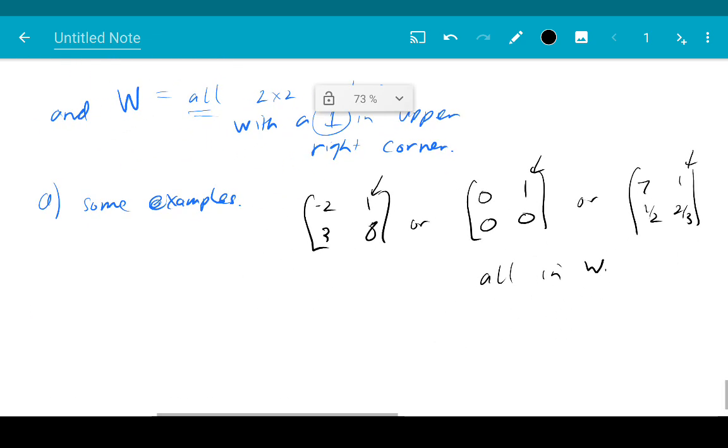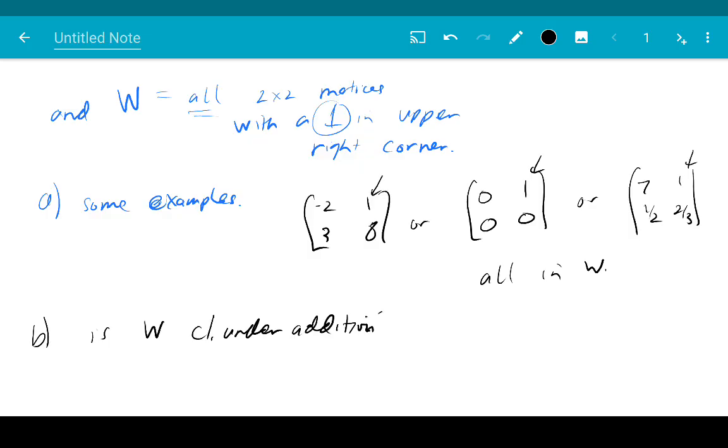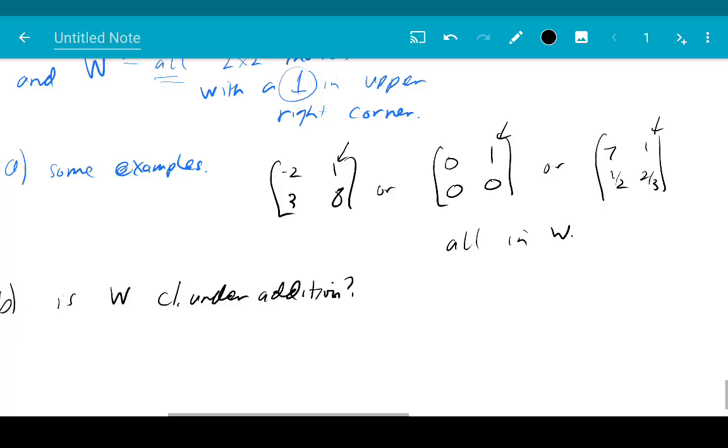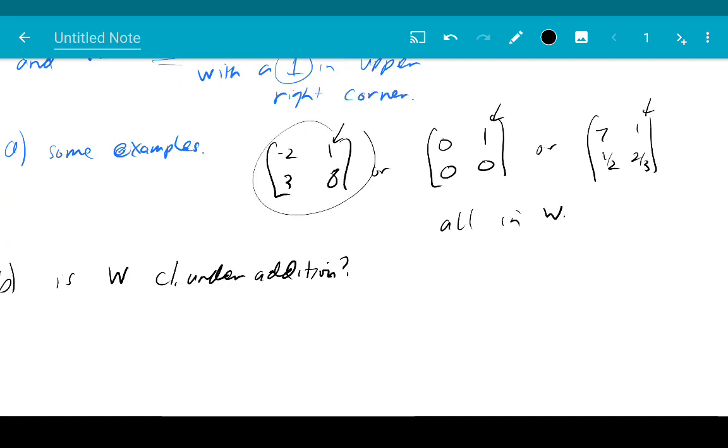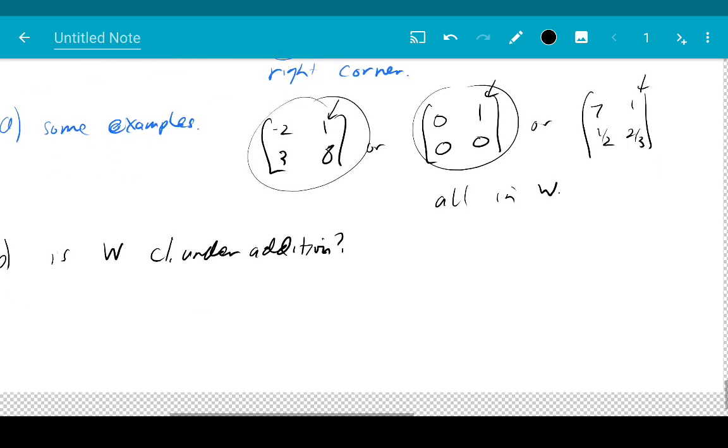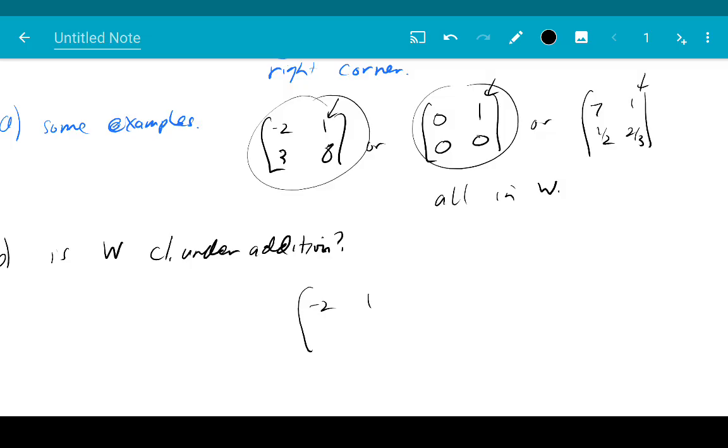All right, so question B. Is W closed under addition? You can pause the video and think about it, but here's a good way to check. Just take any 2 things that you got from A and try adding them together and see what happens.